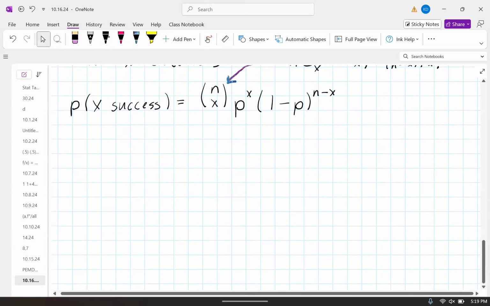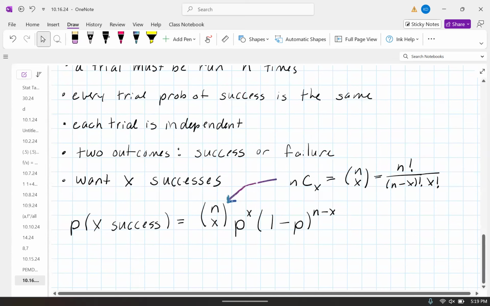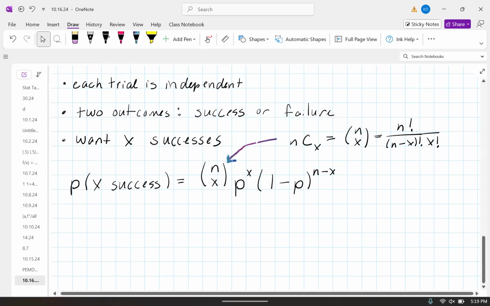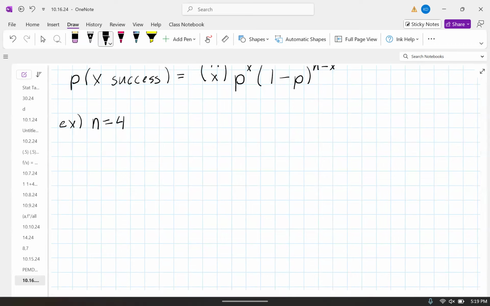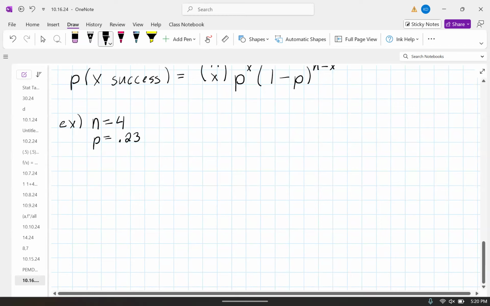Let's look at an example. We're doing our experiment 4 times. I don't know what we're doing, we're just doing it 4 times. And our probability of success for every trial is 0.23.